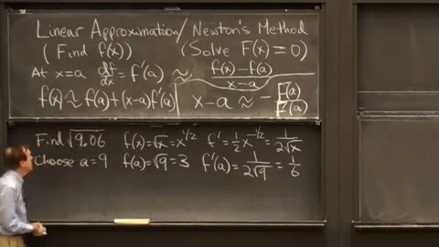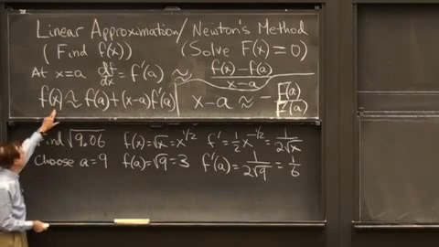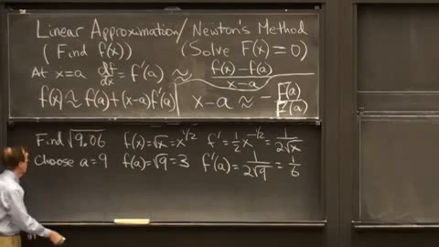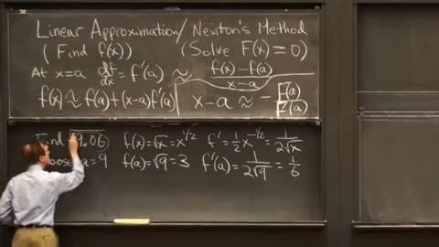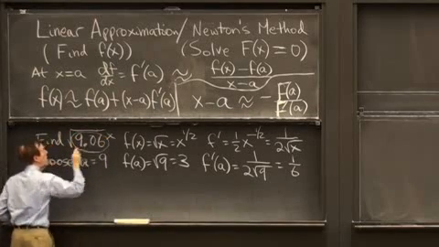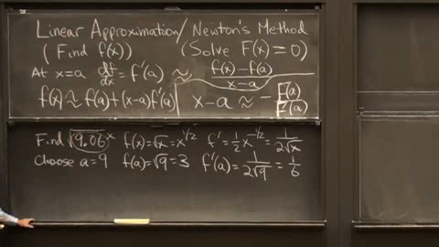Then what does my approximation say? It says that f at this nearby point, so x is 9.06, this is the x where I want to know this square root.